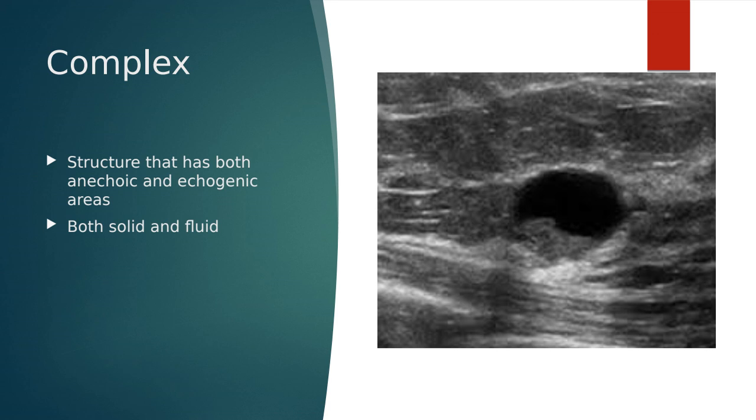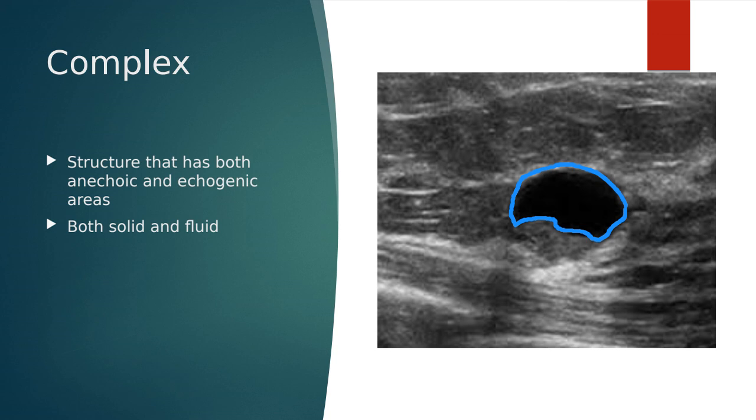Now here, if we look at our picture, this is a breast mass. So we have our surrounding breast tissue, and then we have our anechoic portion here outlined in blue. So that's going to be the fluid component of this finding. And then we have our solid component here outlined in red.